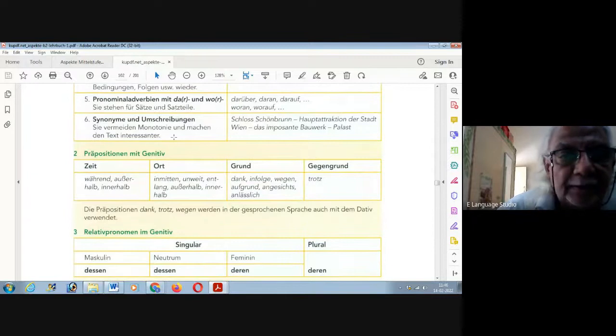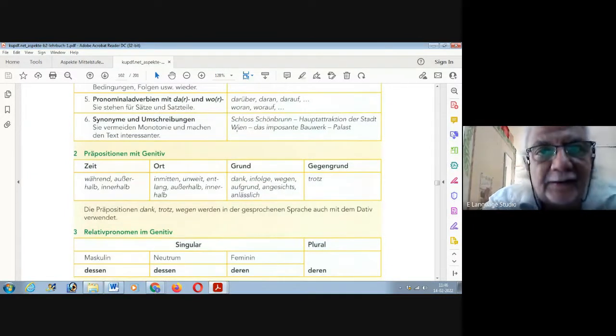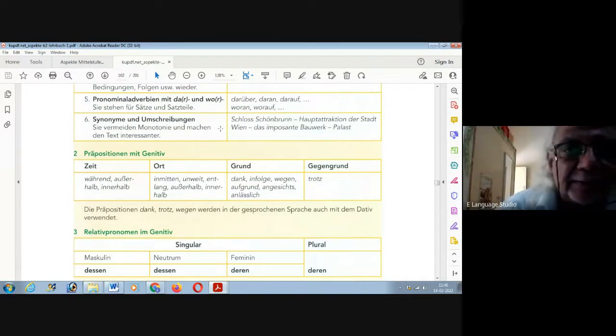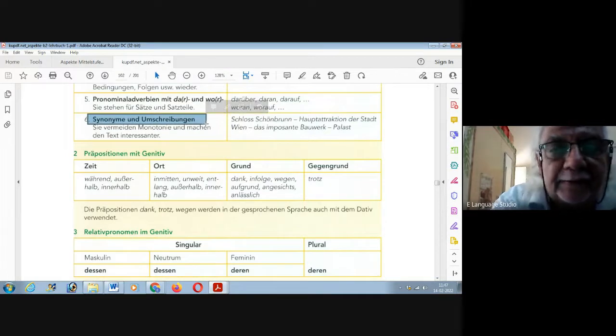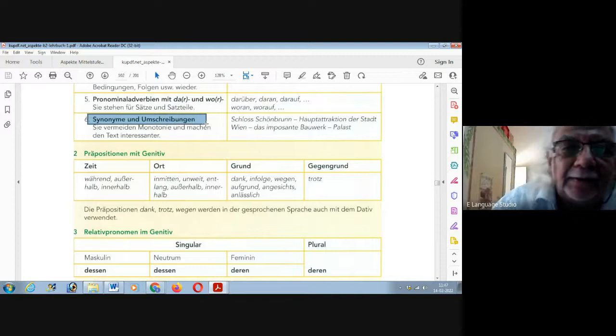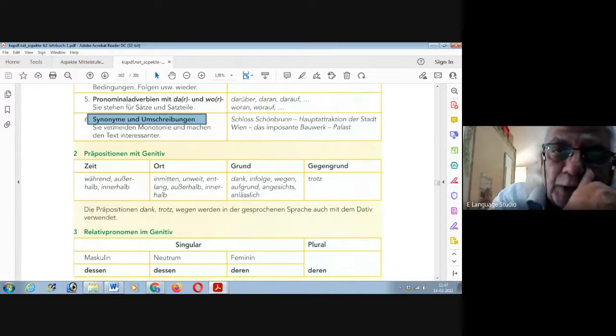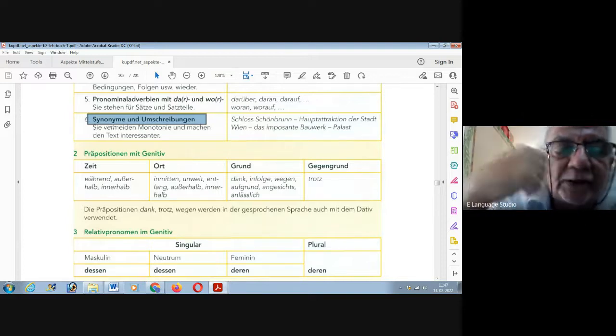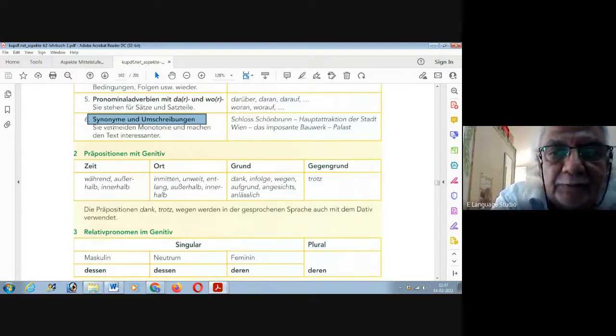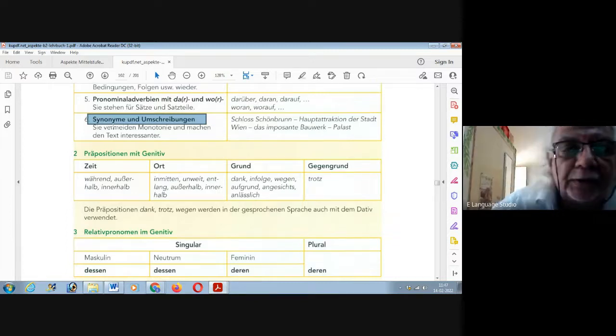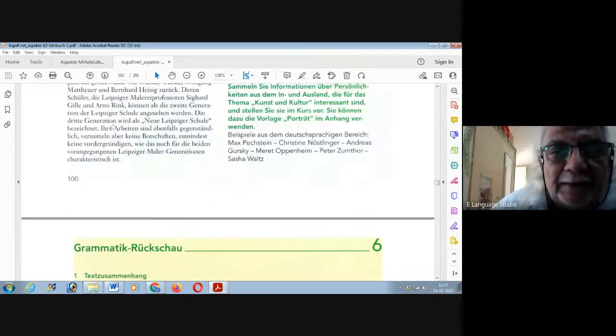And then what is necessary? As it says, das Wichtigste steht am Ende im Deutschen, Synonyme und Umschreibungen, Paraphrasing. Synonyms and paraphrasing. Why? Also Monotonie zu vermeiden, to avoid monotony. It's also not considered good style. Don't repeat the word Schloss Schönbrunn continually in the text.